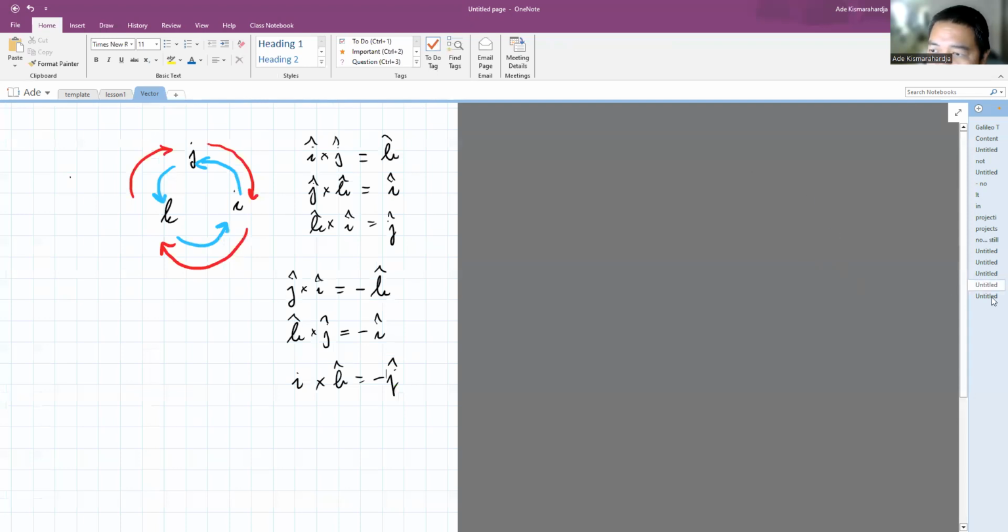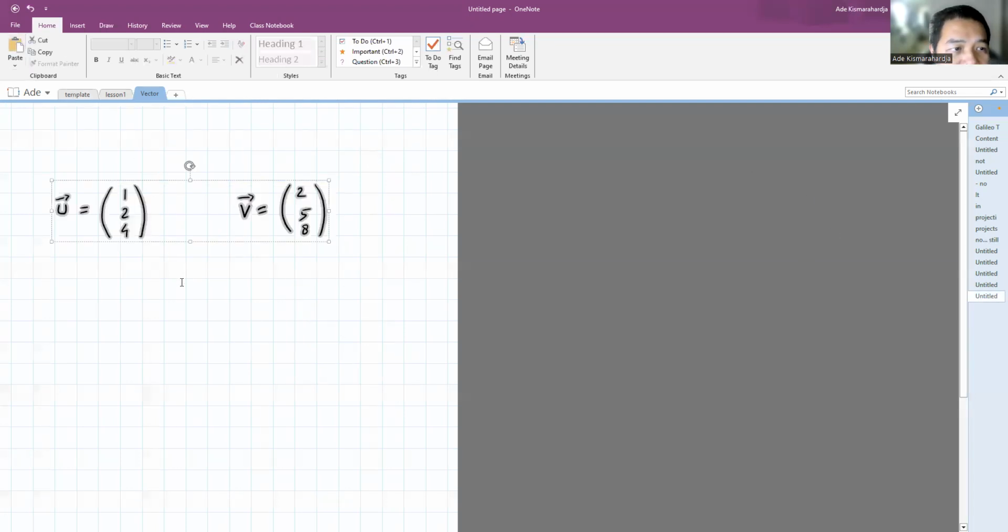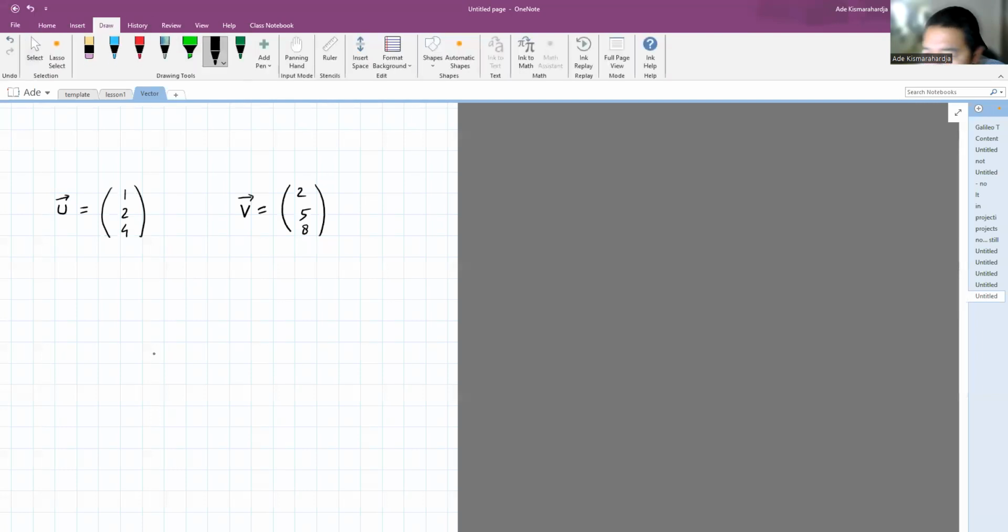Now, at the end, of course, if you have two vectors and you want to do the cross product between them, let me write again these vectors, 1i plus 2j plus 4k, and the second one is 2i plus 5j plus 8k.